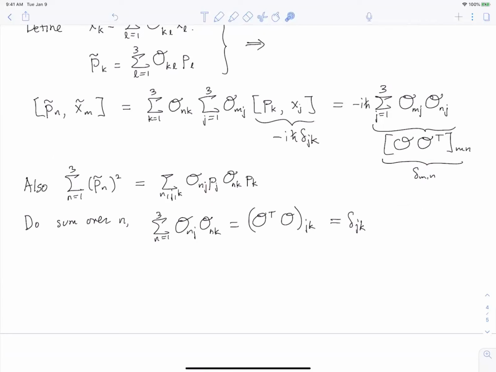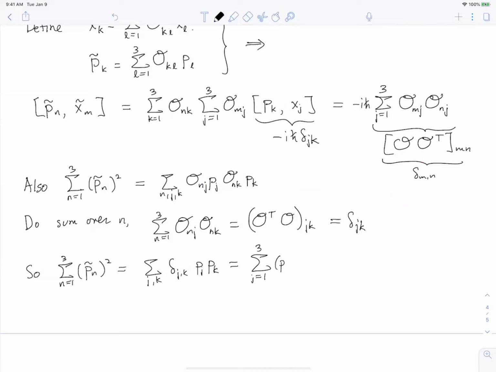Now I take that and I plug it into the original sum here. And it says the only term that survives is when j equals k. And so my sum n equals 1 to 3 of p tilde n squared is sum over j and k, delta jk, pj, pk, which is the same thing as the sum j equals 1 to 3 of pj squared.